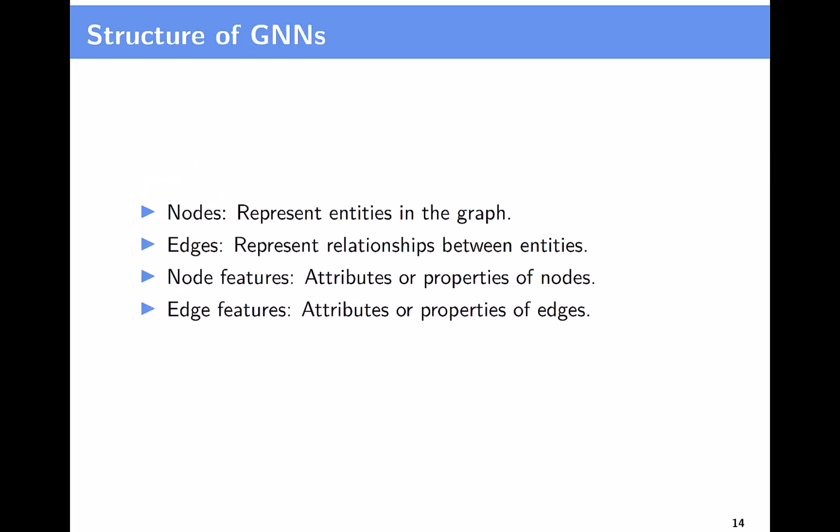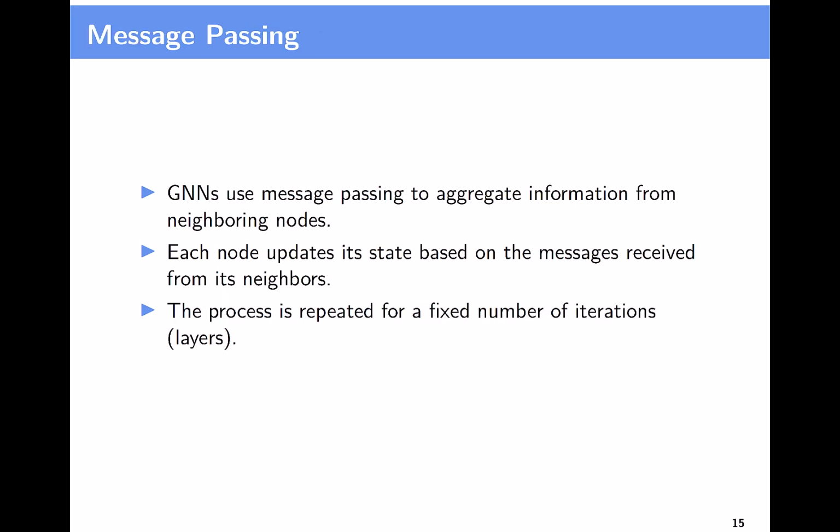In a graph neural network, the idea is to create a network that utilizes the features of each node as well as the relationships between nodes, by using node features and edge features to represent them. The basic idea behind graph neural networks is the message passing concept.